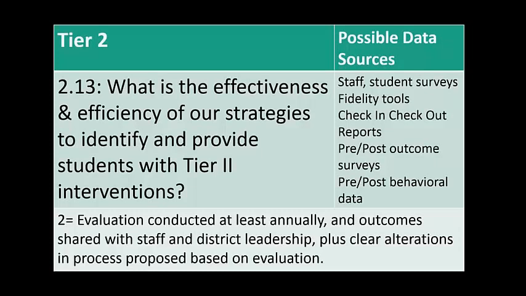And so possible data sources, as you can see on the right, the TFI lists many, and we just want to be able to give information to our staff and district leadership on how our Tier 2 is being implemented, and then also are there some changes, action items that we want proposed on that evaluation.